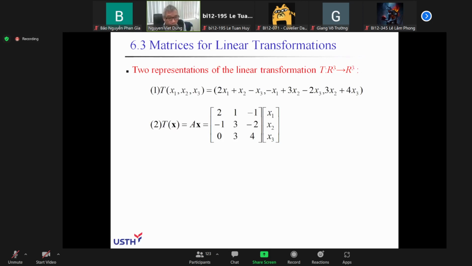Most important, it is more convenient to integrate into an algorithm in the computer to do the calculation. So that is an advantage of the matrix form of a linear transformation. And how we can represent any linear transformation in the matrix form, it is here.